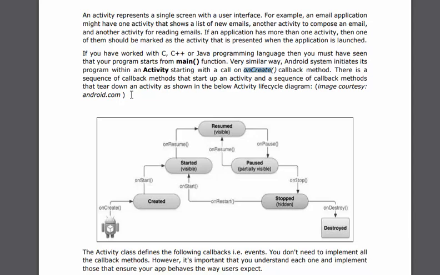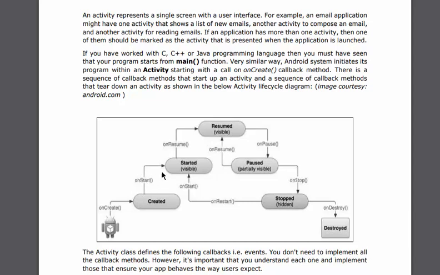There is a sequence of callback methods that start up an activity and a sequence of callback methods that tear down an activity, as shown in the activity lifecycle below. So this is the life cycle of your activity. Here is the onCreate method. When it is created, it goes to onStart, and the onStart method is already created in the background. You may override it or not; it exists in your activity.